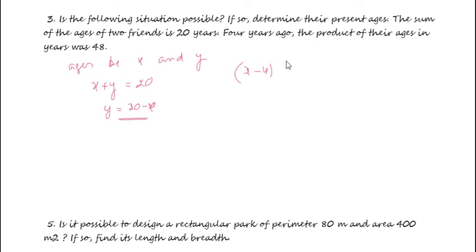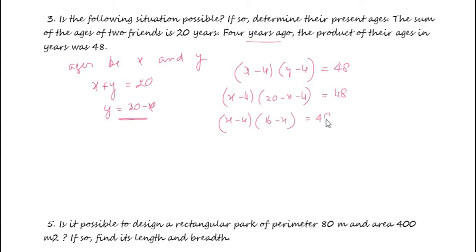Now 4 years ago, the age of x was x minus 4. Age of y was y minus 4. 4 years ago, the product of their ages was 48. That is, this equal to 48. Let us simplify this. X minus 4 into y, which is 20 minus x, is equal to 48. X minus 4 into, this is 16 minus x, equal to 48.